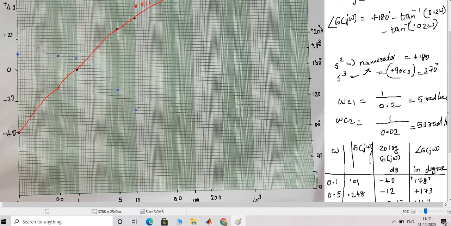Sorry, corresponding to 10, the value is 105. Corresponding to omega equal to 50, the value in degree is 50 degree only. So 50 degree means it will be somewhere here. And when omega is 100, the value is 29.